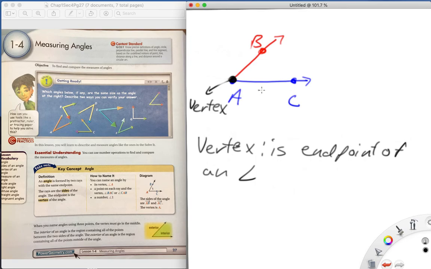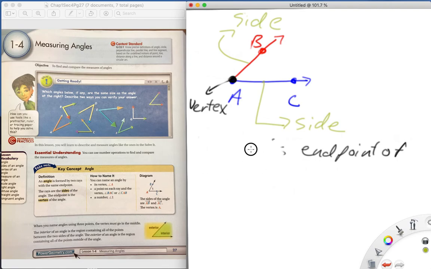Now, an angle is comprised of two sides. So this would be a side, and this would be a side of an angle. So AB would be a side of an angle, and AC would be a side of an angle.